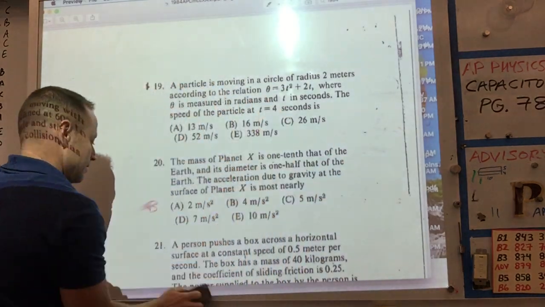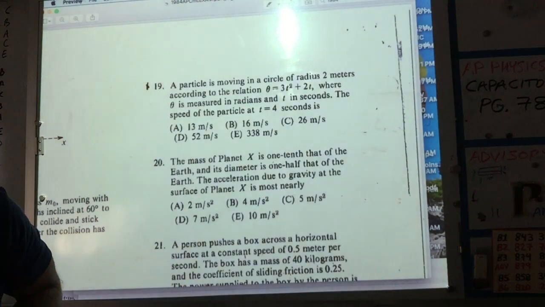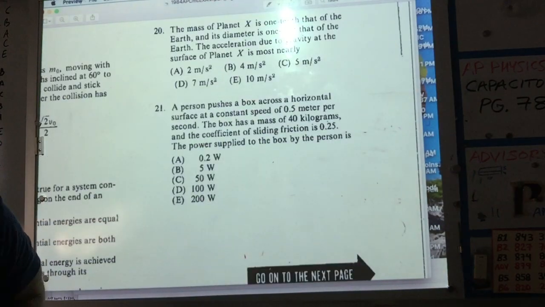Let's do 21. It says a person pushes a box across a horizontal surface at 0.5 meter per second. The box is 40 kilos and there's some friction. They want to know the power supplied to the box by the person.